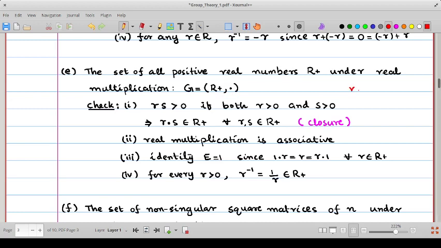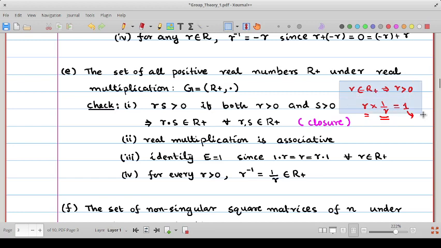If R is an element of R plus, it implies that R is greater than 0. Now we can also see that R times 1 by R is equal to 1, and 1 by R exists because R is greater than 0. It is not equal to 0. So 1 by R times R is 1, which is the identity under real multiplication.